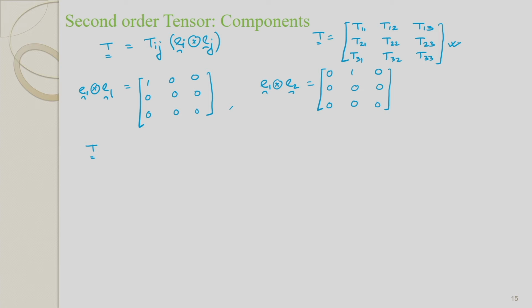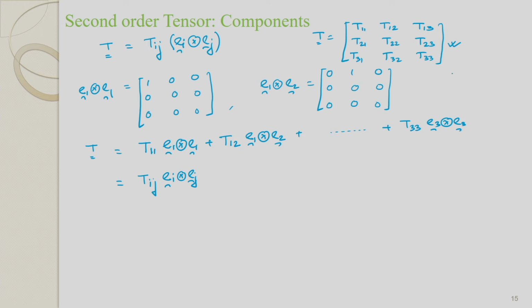So we can write this tensor as T11 E1 dyadic E1 plus T12 E1 dyadic E2, in this way up to T33 E3 dyadic E3. In indicial notation, this can be expressed as Tij Ei dyadic Ej, so there is a sum over both i and j.